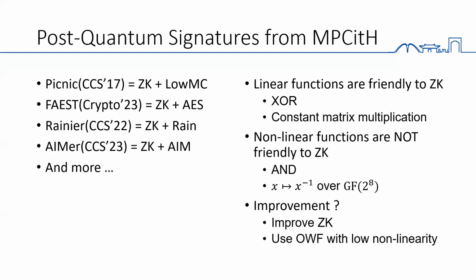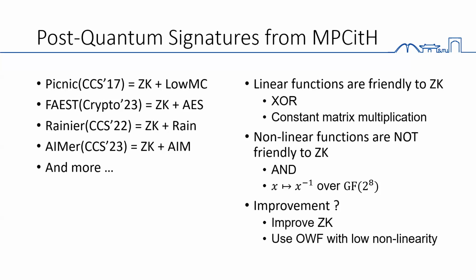Here are some post-quantum signature schemes based on MPC in the head. For example, Picnic, Fish, Banquet, Hammer, and more. So usually linear functions are friendly to zero-knowledge proof, for example, XOR and constant binary matrix multiplication.